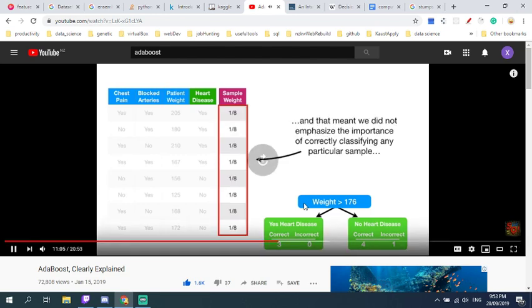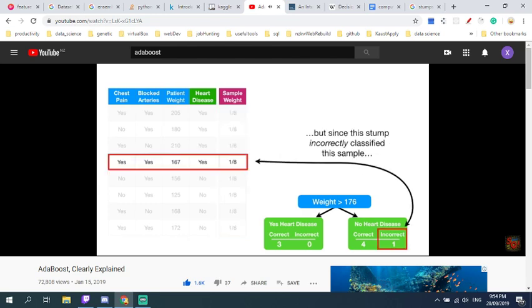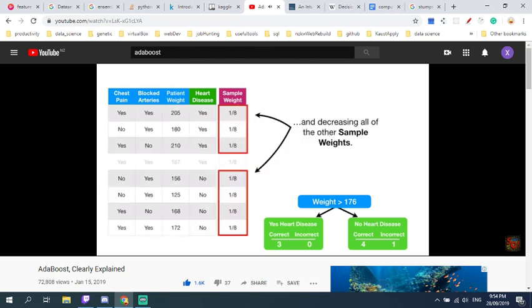When we created it, we did not emphasize the importance of correctly classifying any particular sample. But since this stump incorrectly classified this sample, we will emphasize the need for the next stump to correctly classify it by increasing its sample weight and decreasing all of the other sample weights.